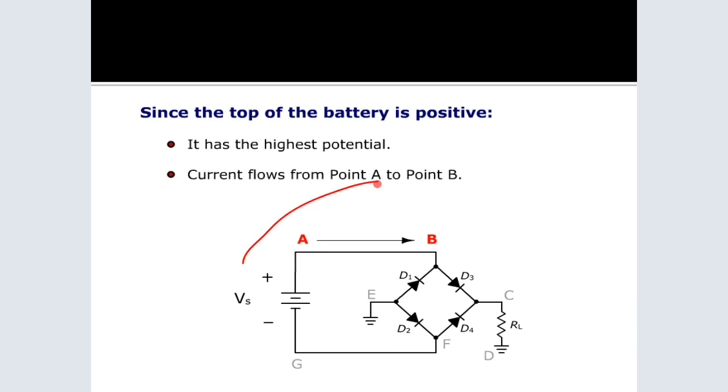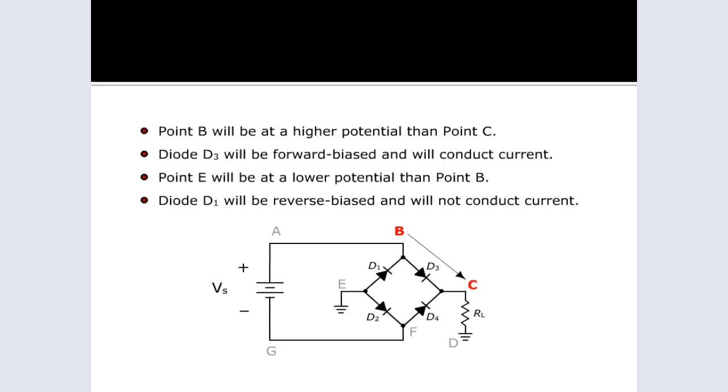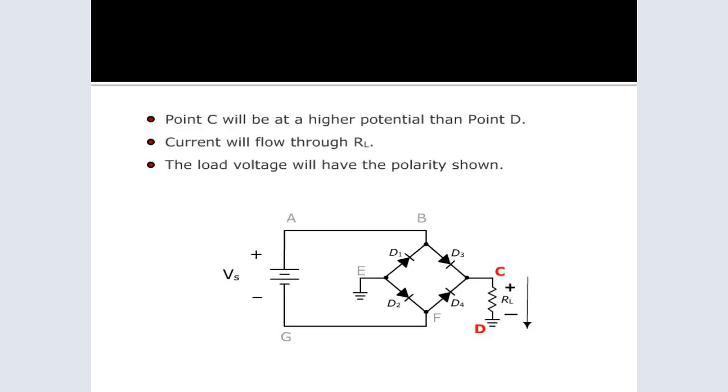So that's an ordinary rule of current flow. It takes the next path, BC.